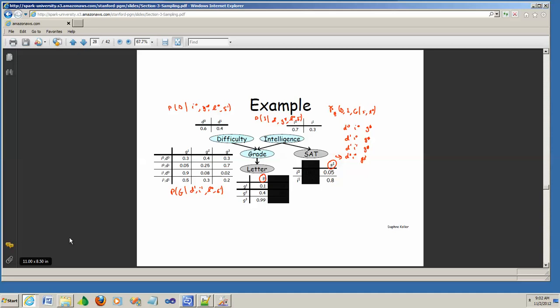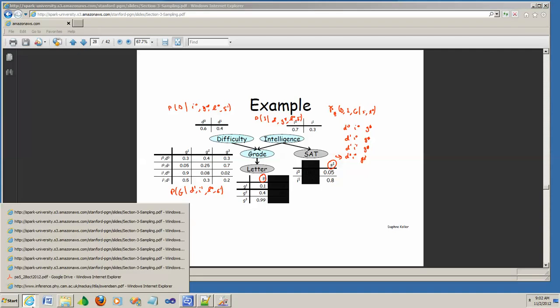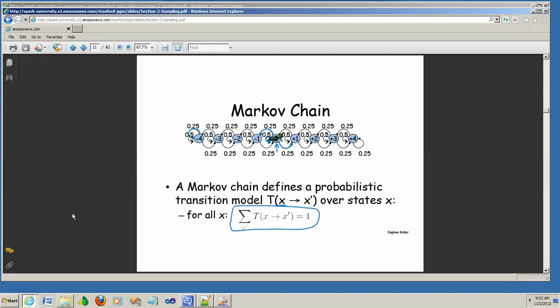So I want to make sure that we don't think this state transition is one dimensional, which is obvious if you know this stuff very well, which is why these X's are in bold letters. Basically you have this chain where it is jumping from one state to another state, and so on. And this T is the transition model from current state X to a new state X prime.